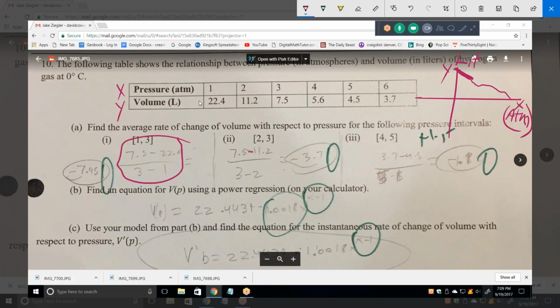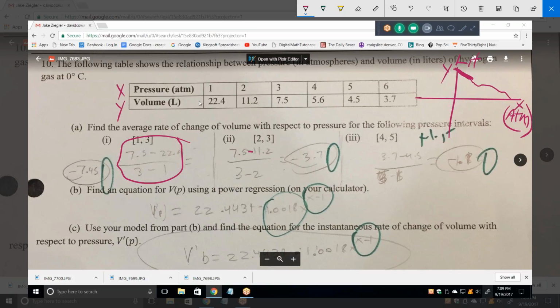Because your calculator will give you A. In other words, it's giving you the power equation in AX to the B power. A being 22.4439, B being minus 1.0018. So that's how you ended up getting A times X.